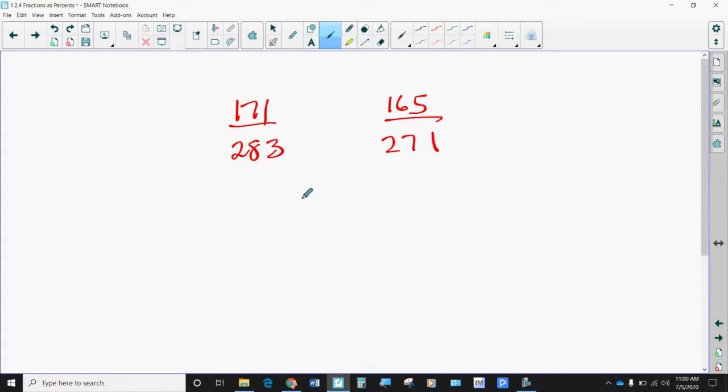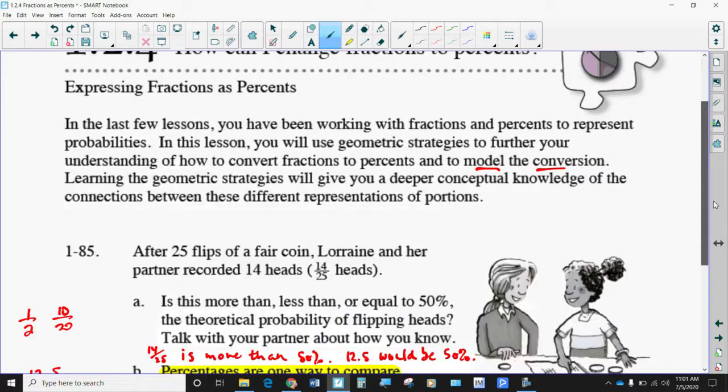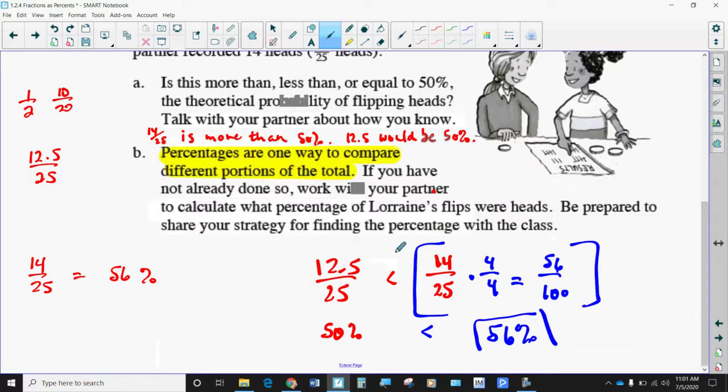Now, if we choose to convert them to percents, essentially what we're doing is rewriting each one of these fractions with a common denominator of 100. That's what we're doing. And whenever you have two fractions that have the same denominator, when you compare them, all you have to do is compare the numerators.